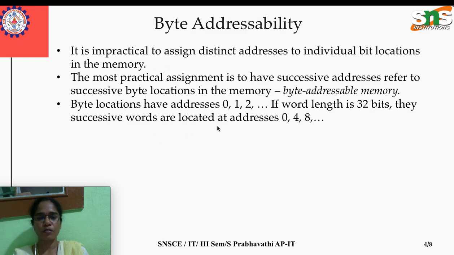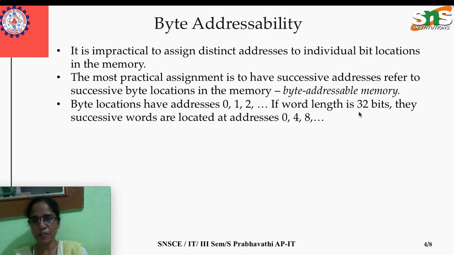So here the 0th byte address will represent the first 8 bits of this character, and byte address 1 will represent the second 8 bits. Address 2 will represent the third 8 bits, and byte address 3 will represent the fourth. This is for a complete word.